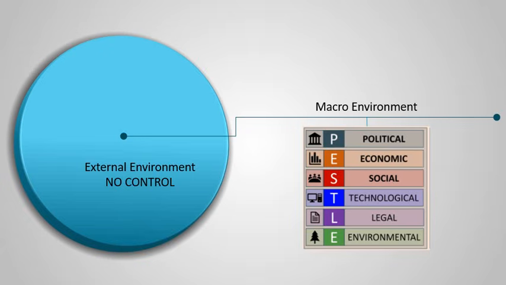The P stands for political, the E economical, S social, T technological, L for legal, and E for environmental. So an example would be elections that come up. They are a political factor, and you cannot control who is going to win the elections. One just needs to look at the USA elections that have just taken place to see this.